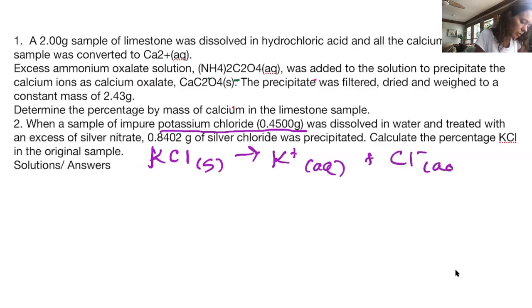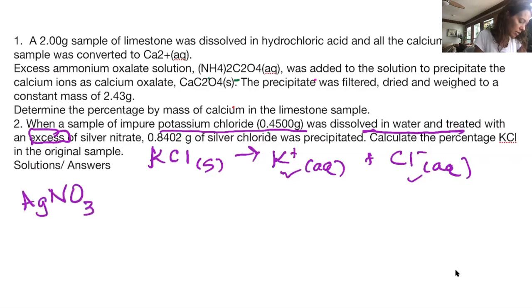So what we have when we dissolve in water is these two ions here, okay? And it's treated with an excess of silver nitrate, okay? Now I want you to realize, remember, silver nitrate was put into solution.